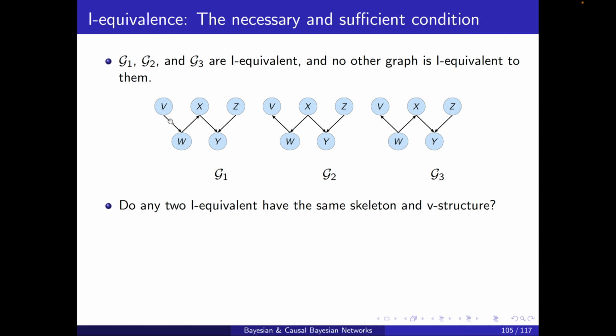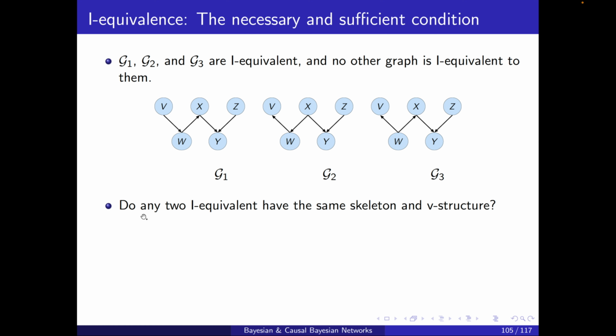And if I change the direction of V, W, X so that it doesn't fall into these three graphs, then I will have arrows from V and X into W, which means that I'm creating a new V structure. And then it doesn't fall into the proposition anymore.